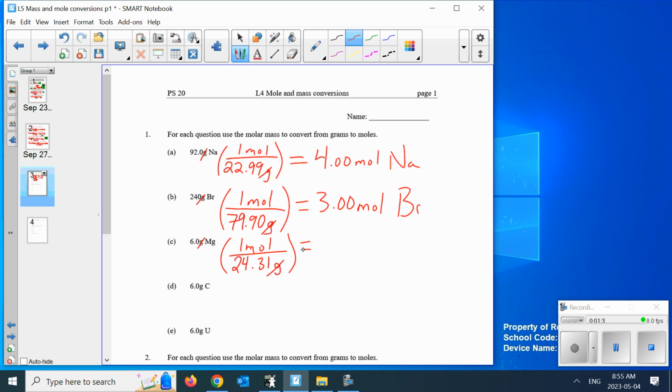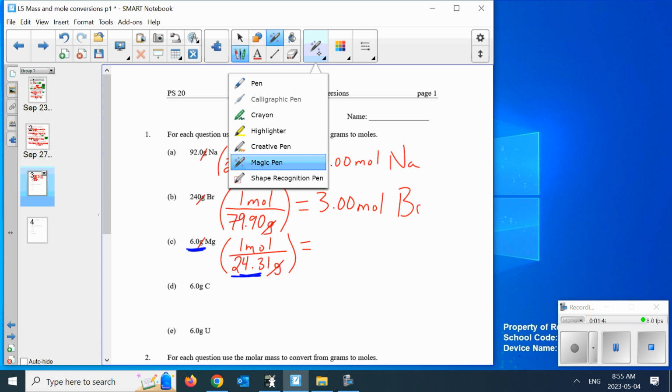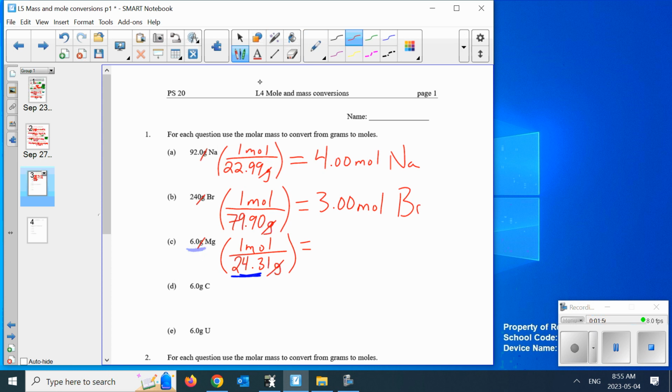In your calculator, you get 0.2468. But we only have 2 significant digits here, 4 significant digits here, but we always go with the smallest amount. So we're going to keep it and round it properly to 0.25 moles of magnesium atom, the element magnesium.